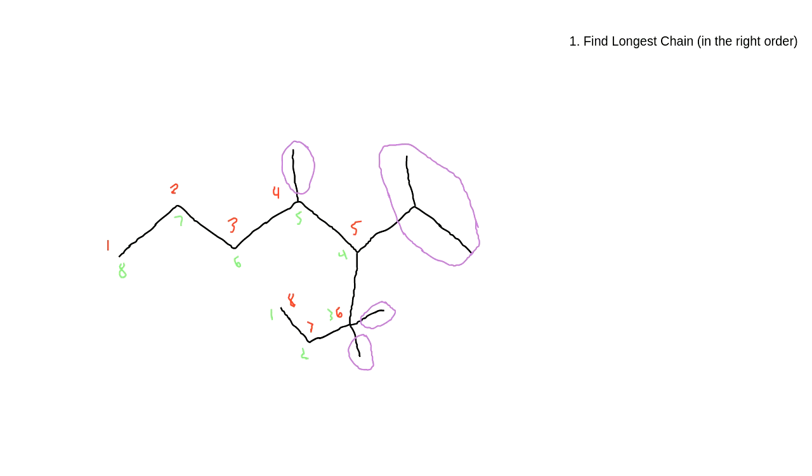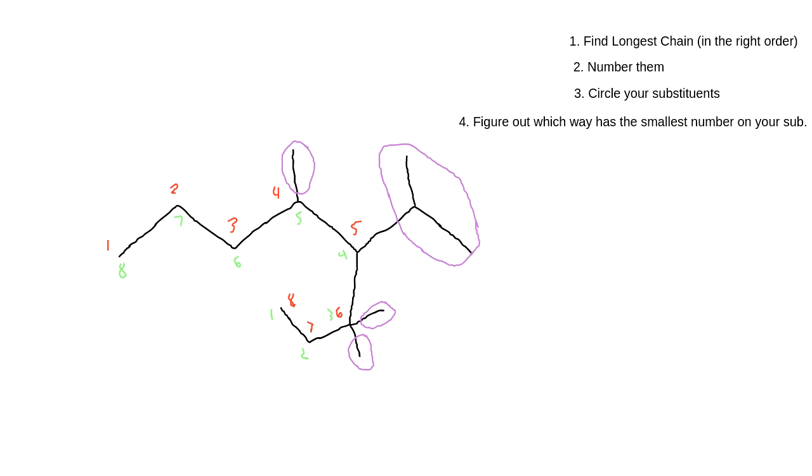So find the longest chain in the right order, number them, and circle your substituents, and then figure out which way has the smallest number on your substituents. That kind of went off the page. Let me bring this up. Okay.